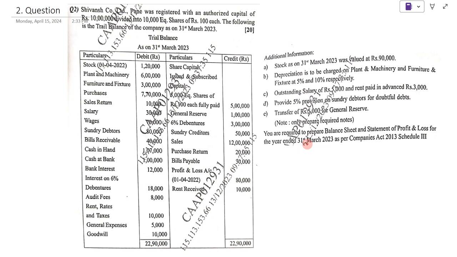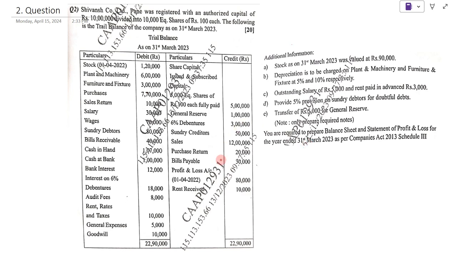First of all, you have to prepare the balance sheet format as per the Companies Act 2013. Then we have to prepare the statement of profit and loss account for the year ended 31st March 2023 as per Companies Act 2013.